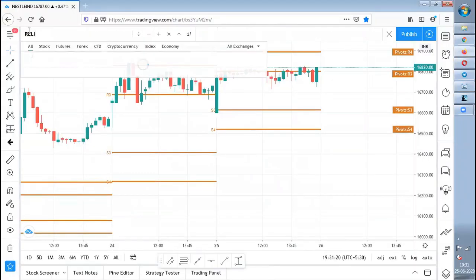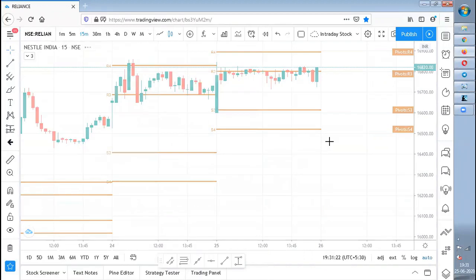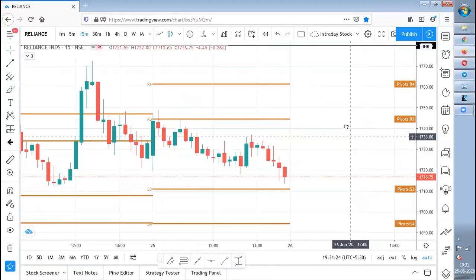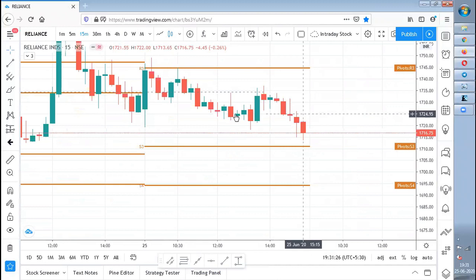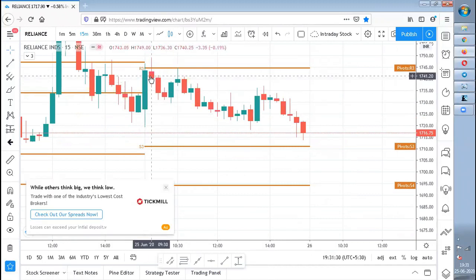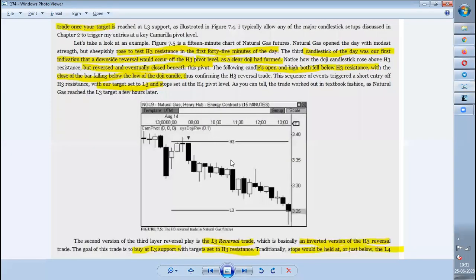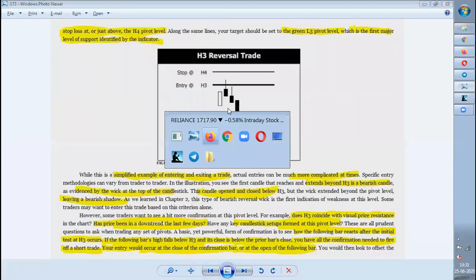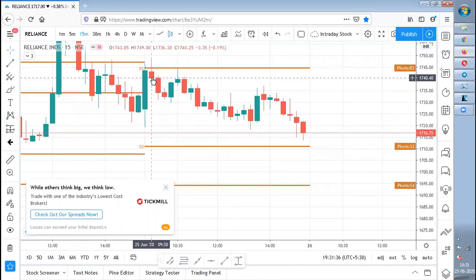Clear. If you see over here, the first candle is a green candle, and the second candle is exactly the same example that was shown here, a rejected candle. The third candle's high is below H3, which means nothing but the H3 reversal trade, and the close of this follow-up candle is below the close and the low of the rejected candle.